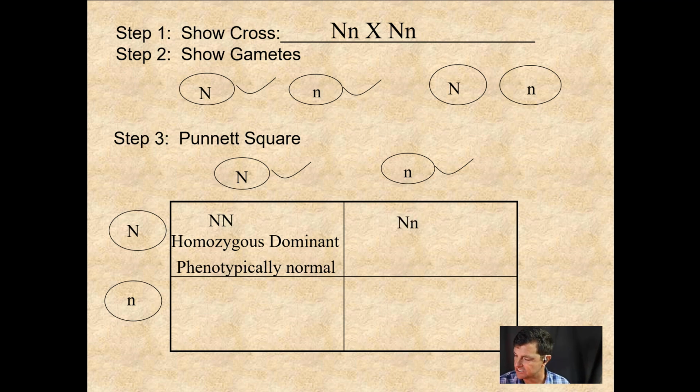Okay. So then what if the lowercase sperm, the recessive allele, the lowercase n, happened to fertilize the dominant N of the egg? Then you would have a heterozygous individual, and heterozygous means they have one of each type.